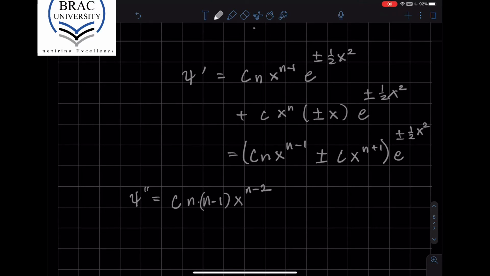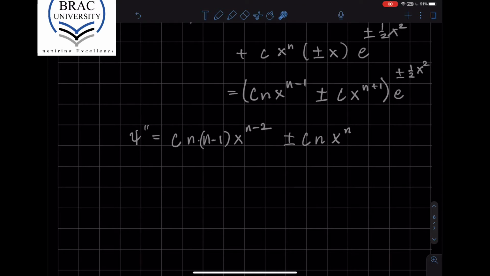Then we take the derivative of the exponential factor, so we are going to have plus or minus coming down, then we have c, and there was already a factor of n before, and from the x to the power n minus 1, we're going to get a factor of x, so this is going to become n.